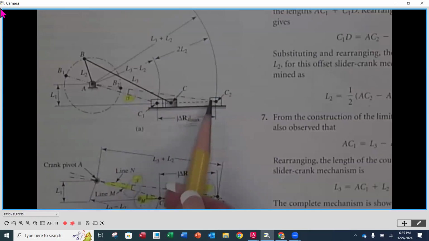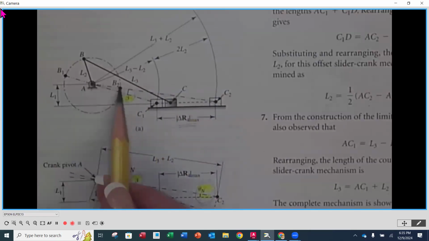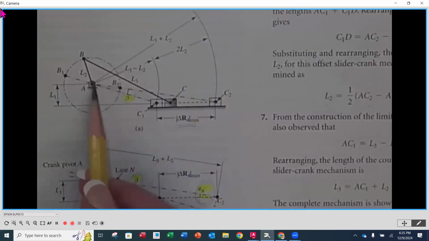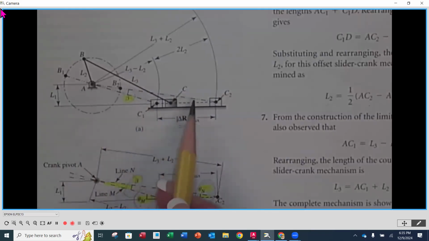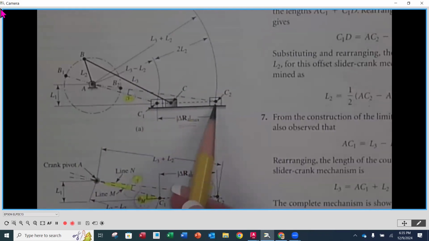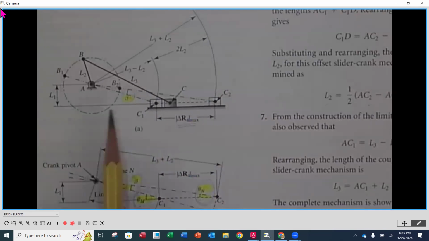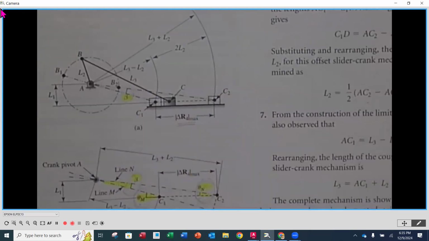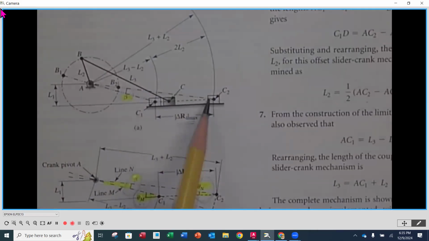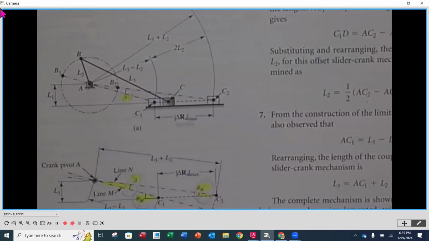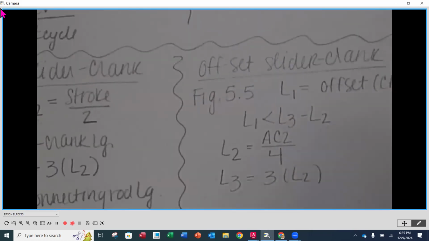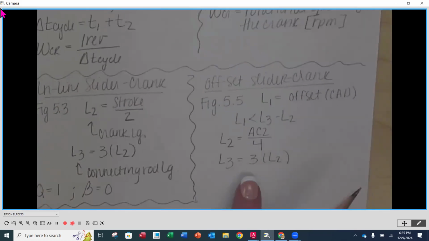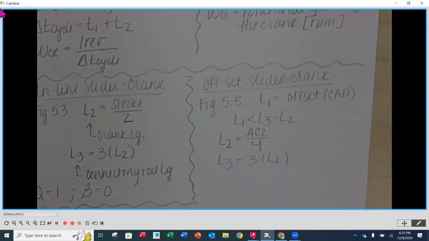If the connecting rod is 3 times L2, and then we've got L2, that means that there's 4 L2s along that length, right? Yeah. So once we get this laid out and we find that intersection, we're going to measure the length of that AC2, and then we're going to divide it by 4, and that's going to be our L2. Okay. And then the leftover is going to be the L3. All right.